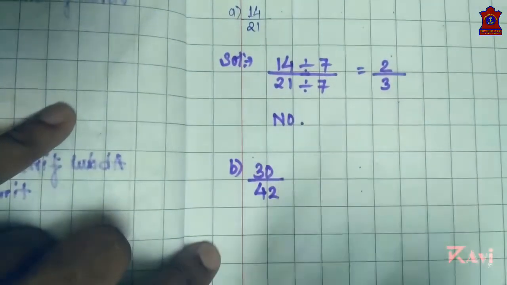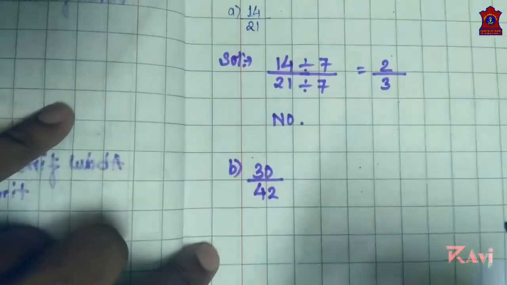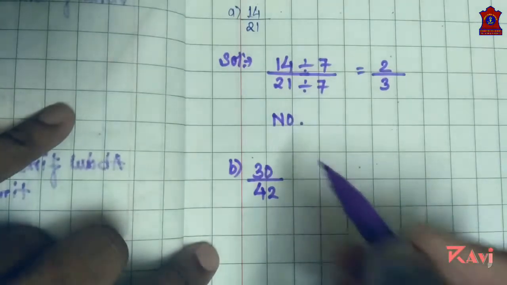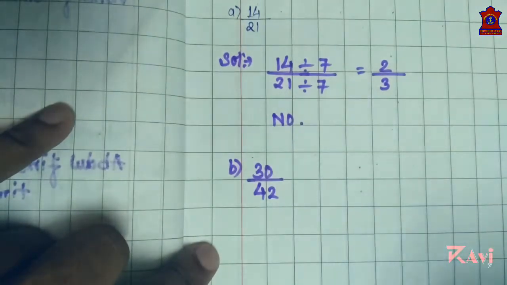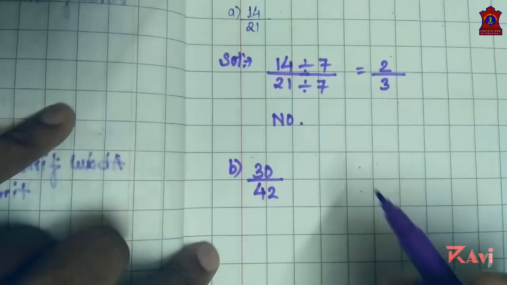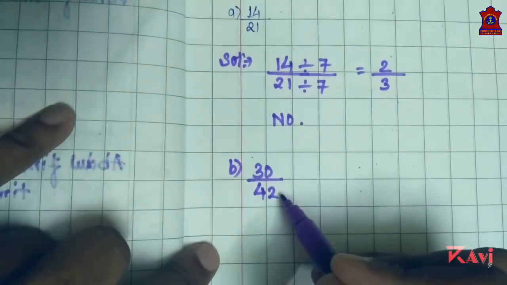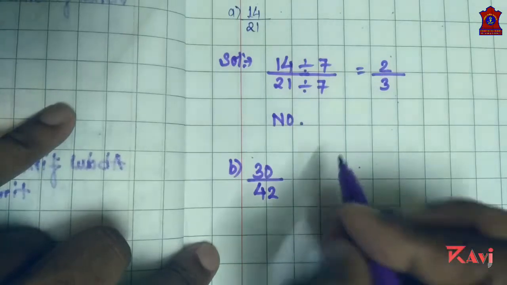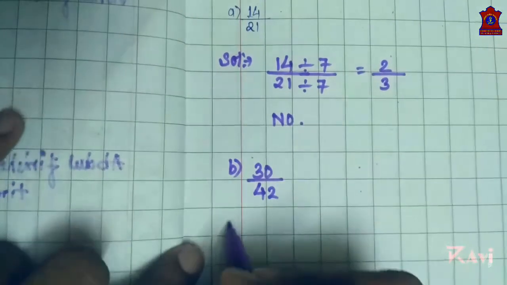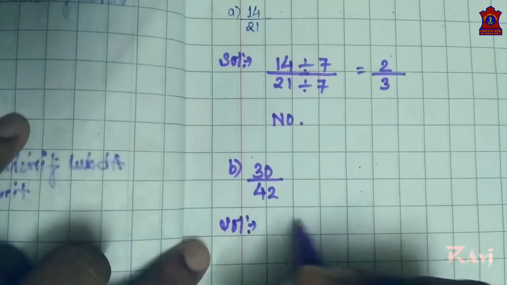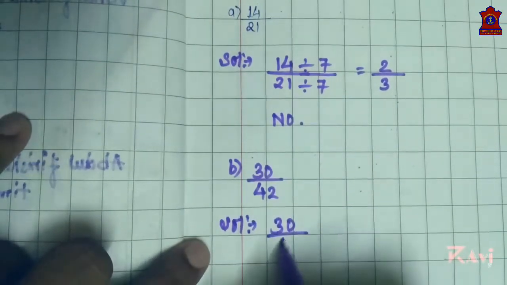Is it divisible by any number or any table? Are both the numbers divisible by any table or any number? I can see 30 comes in the 6 table and 42 also comes in the 6 table. So I will divide both the numbers by 6.